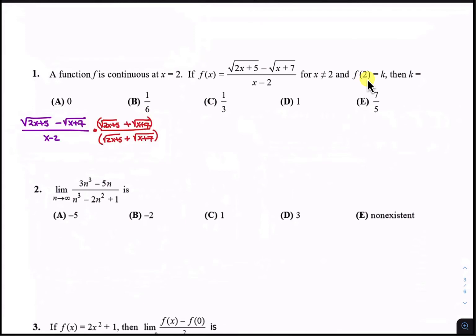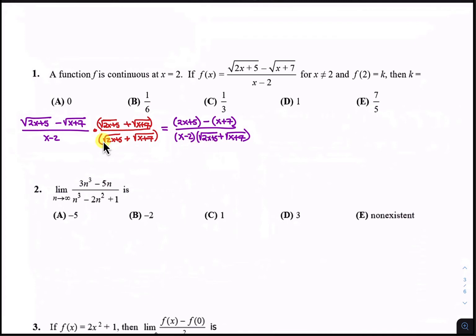All right, so we begin by simplifying the expression. We recognize we have radicals in the numerator separated by a minus, so we'll just multiply by the conjugate of this numerator. So that's going to be radical plus radical on the top and bottom. Now when you multiply the top out, you're going to end up with 2x plus 5 without the radical minus x plus 7 without the radical.